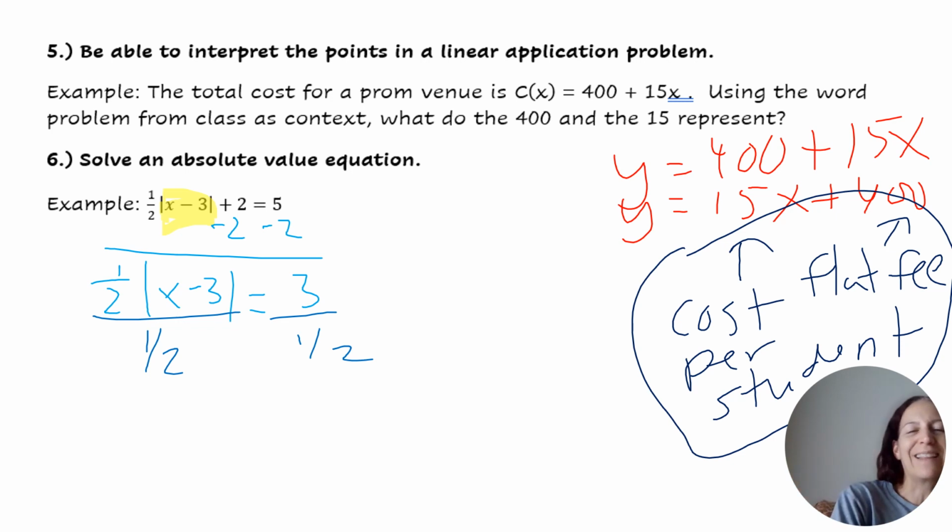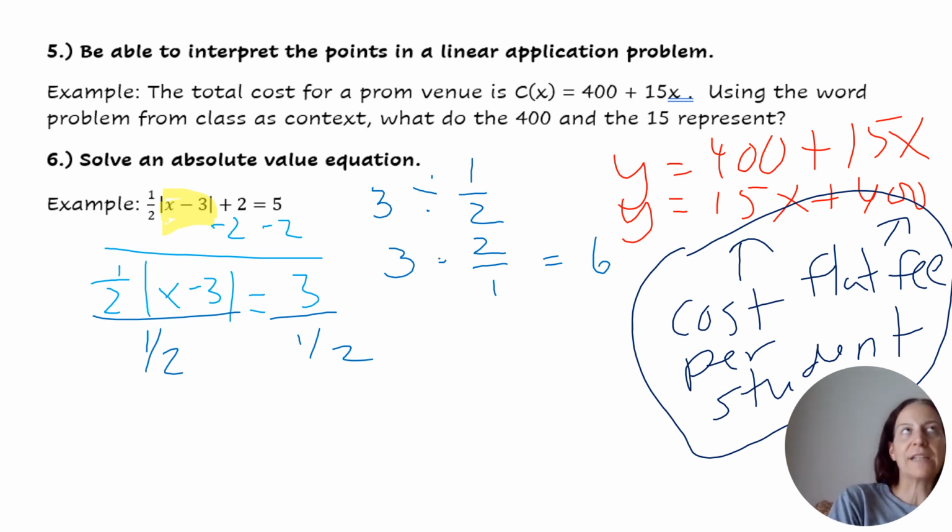So this is the key thing you want to remember: division is just multiplication by the reciprocal. So 3 divided by 1/2 is literally 3 times 2/1, which is just 6. That's what division is. It's kind of like how subtraction literally just means adding a negative. So you can pick whichever notation you want.